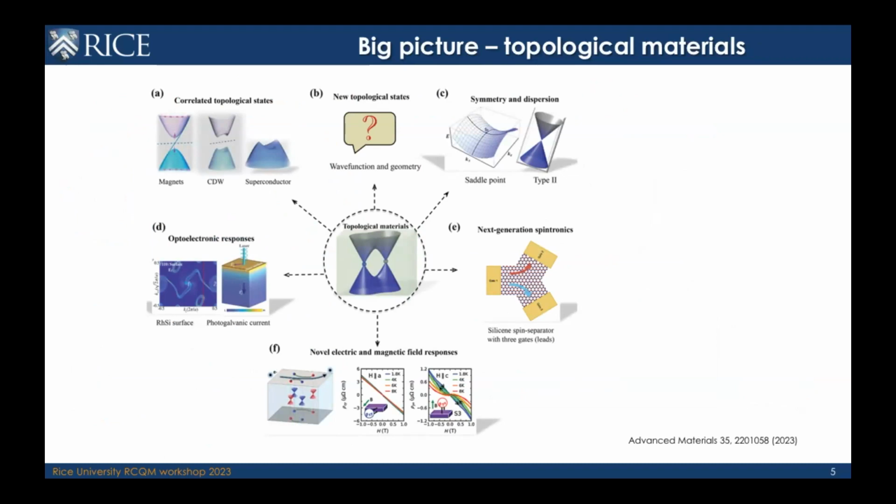We've heard a lot in this workshop about topological materials where their properties can be tuned or changed depending on what symmetries are broken or not, depending on the quantum geometry, depending on the presence or lack of correlations, etc. And in addition to that, all of these properties and new states of matter that we predict or observe have consequences in the experimental or physical properties and functionalities of these materials.